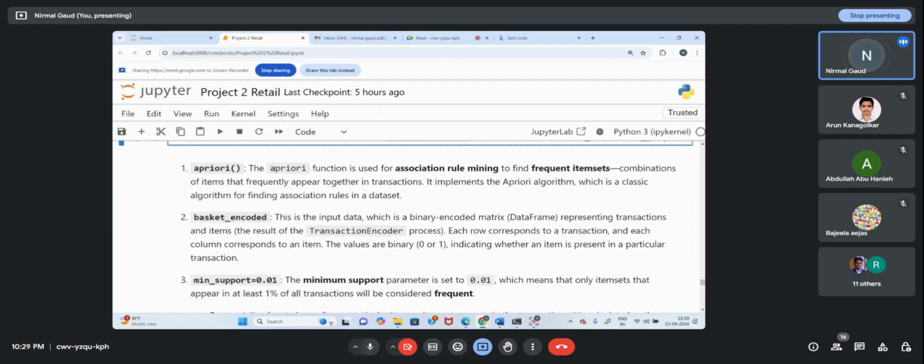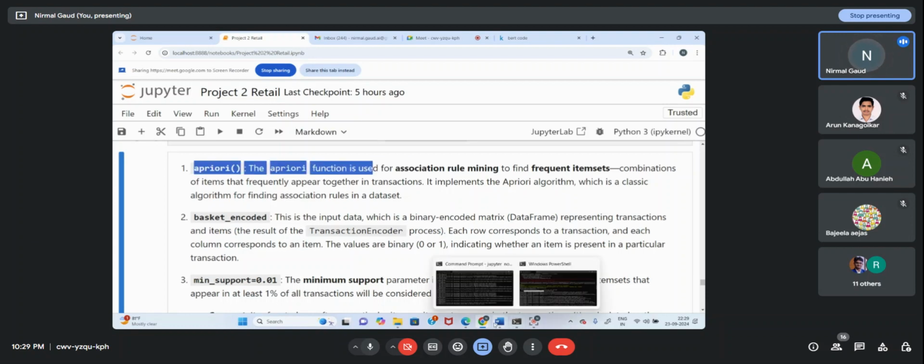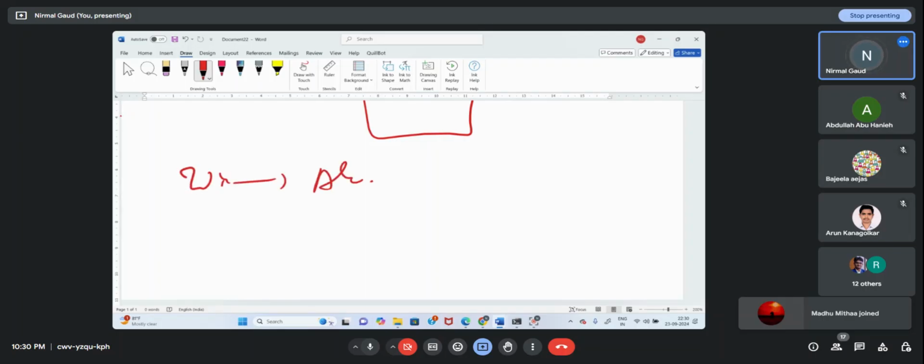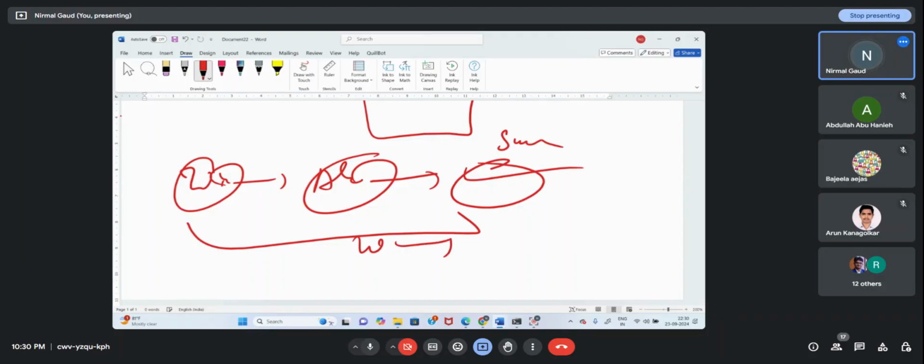So I'm applying apriori to identify the association, the relationship. If I'm purchasing wine, what is the chance that I'm going to purchase alcohol, or any other item? That is what I'm looking for. Here the case is supplying: if I'm supplying wine, whether I'm also supplying alcohol or any other item.